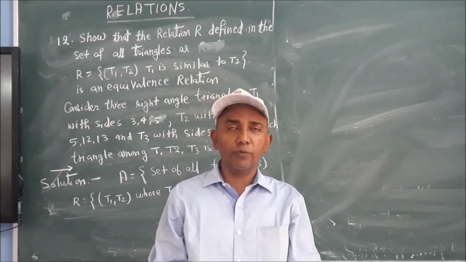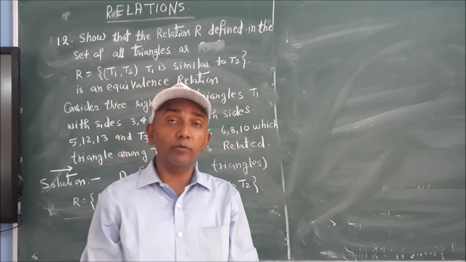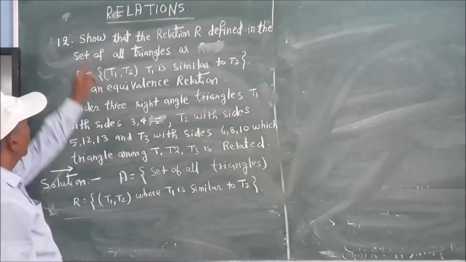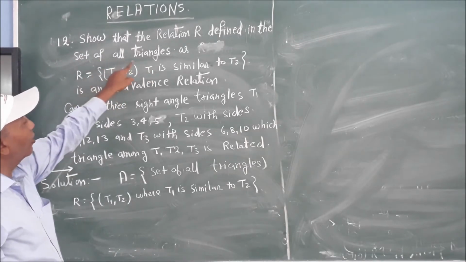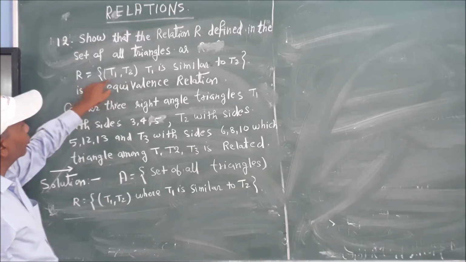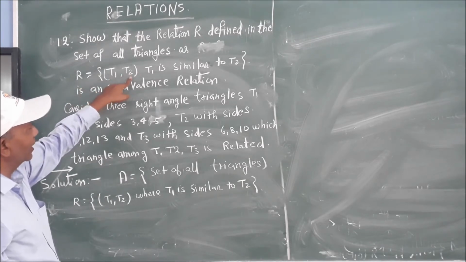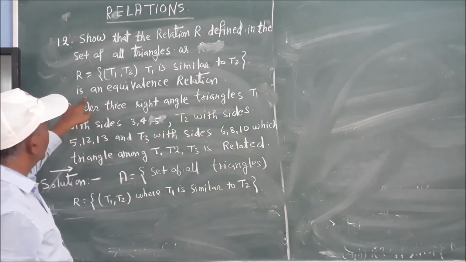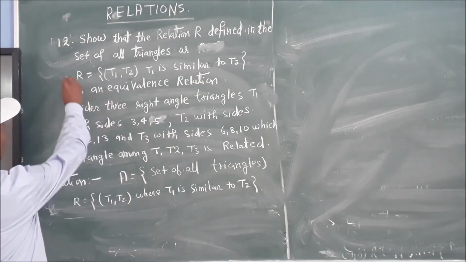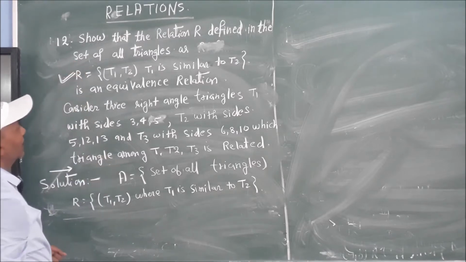Here is another question for you. This is from exercise 1.1, question number 12. Question is: show that the relation R defined in the set of all triangles as R is equal to {(T1, T2): T1 is similar to T2} is an equivalence relation. We have to prove that this relation is an equivalence relation.